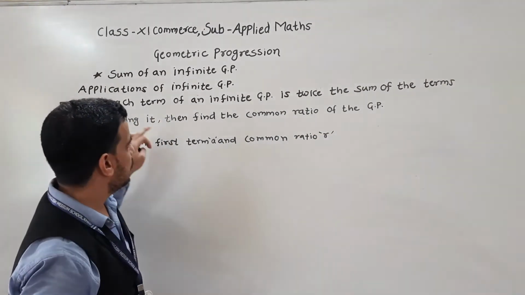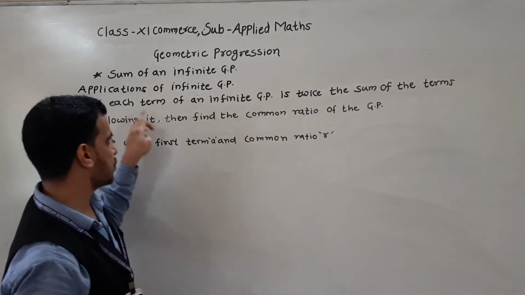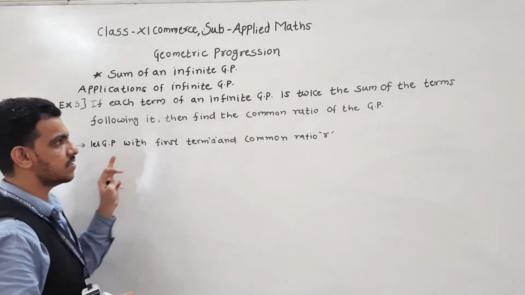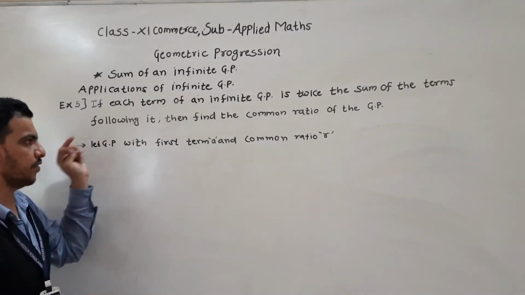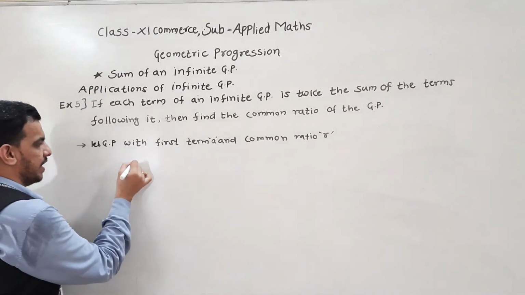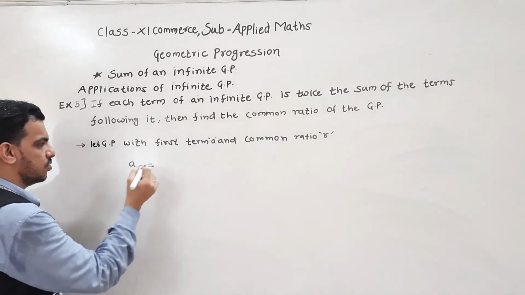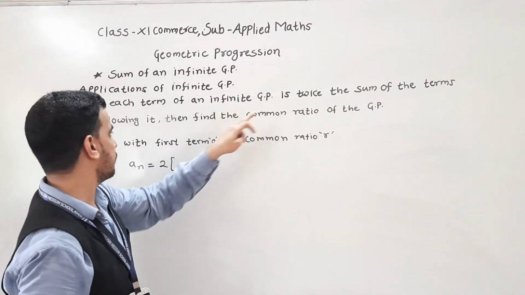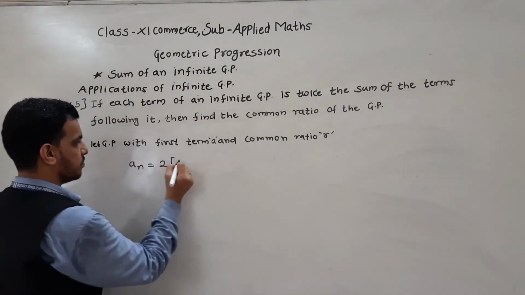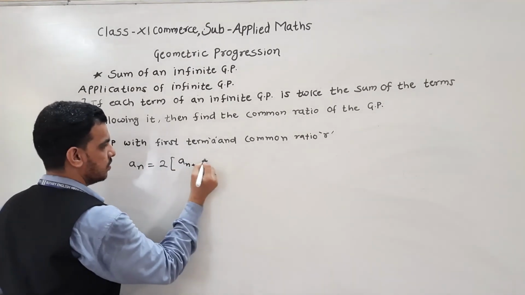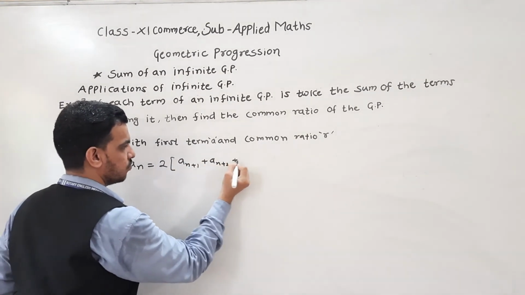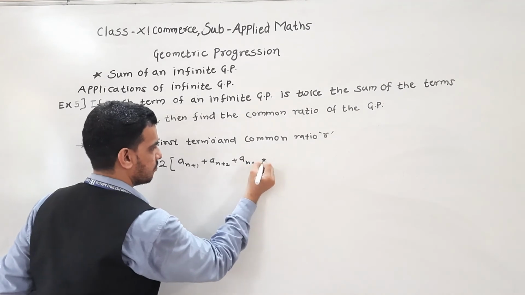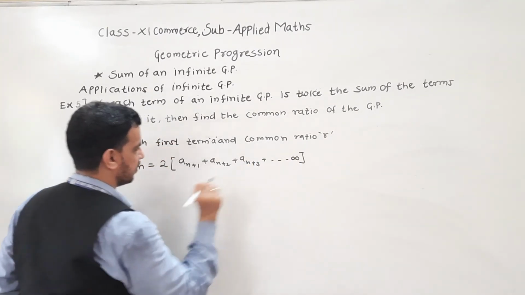Okay, now what is given? Each term of an infinite GP is twice the sum of the terms following it. Means if we consider the nth term, so the nth term is equal to 2 times the sum of the terms following it. So 2 times a(n+1) plus a(n+2) plus a(n+3) and so on up to infinity.